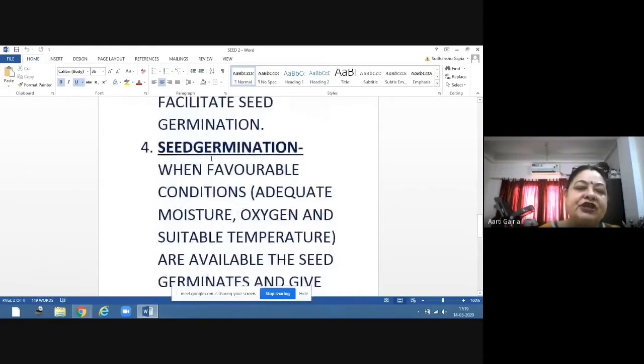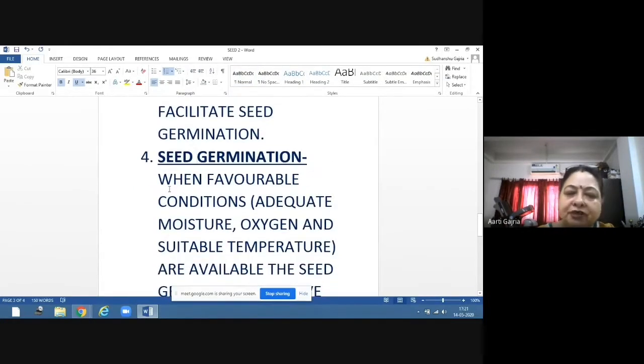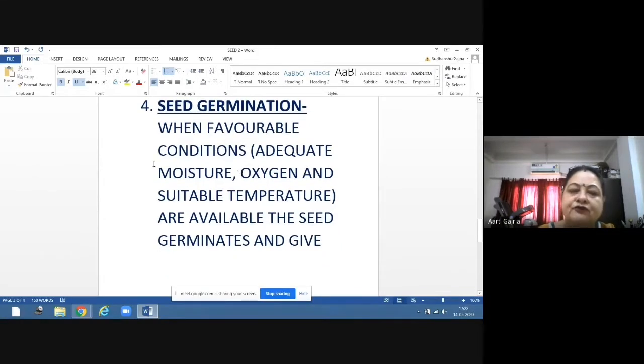Now, seed germination. Germination happens when the favorable conditions are available. What are the requirements for the seed to germinate? Adequate moisture, that means water should be there, oxygen, and suitable temperature. When these are available, the seed germinates.